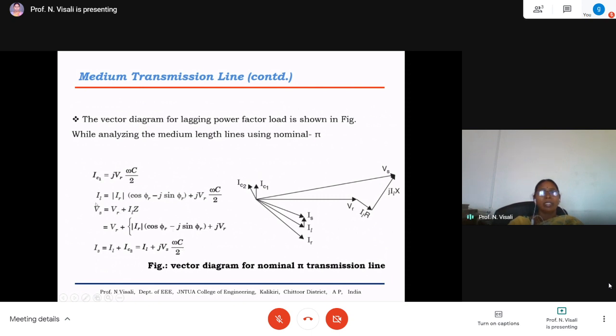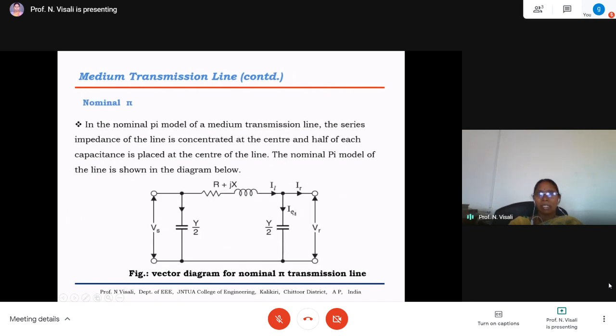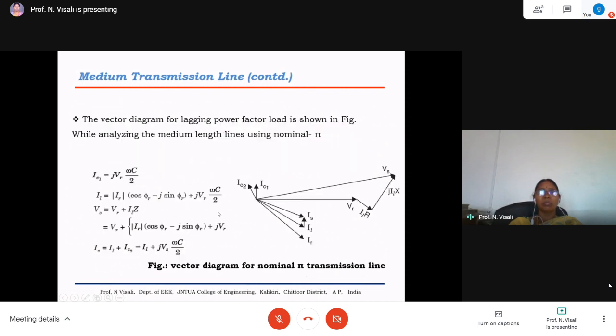So I1 is nothing but IR cos phi r plus j sin phi r plus j VR omega C by 2. IL is equal to IC1 plus IR, and IS is nothing but IL plus IC2. So these relations we can write from that equivalent circuit. We are going to get these expressions.